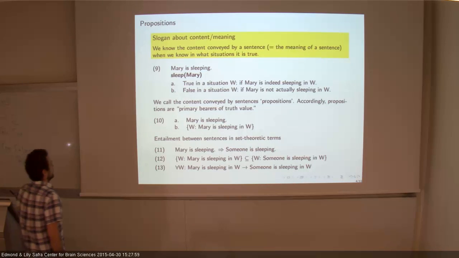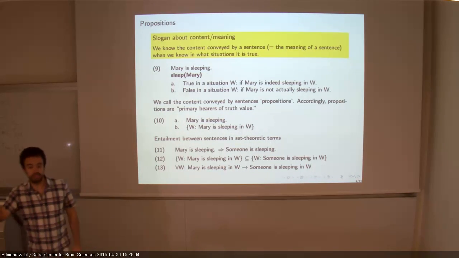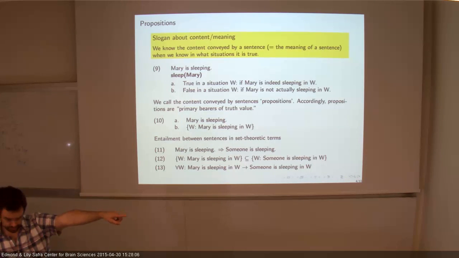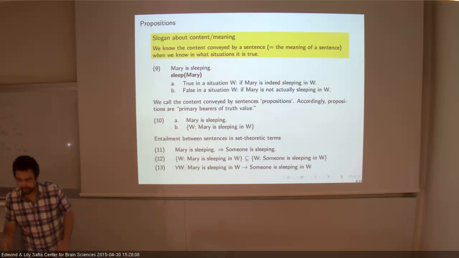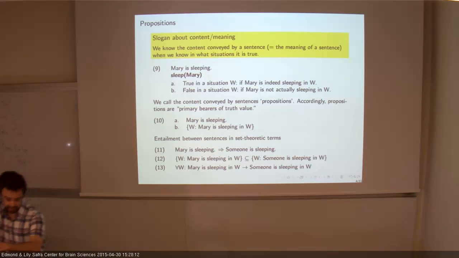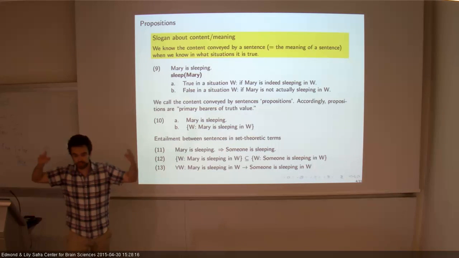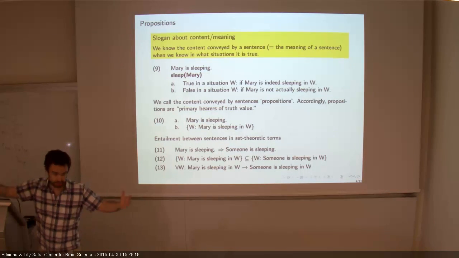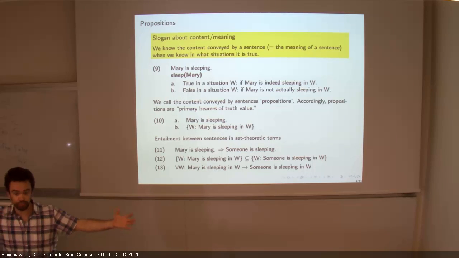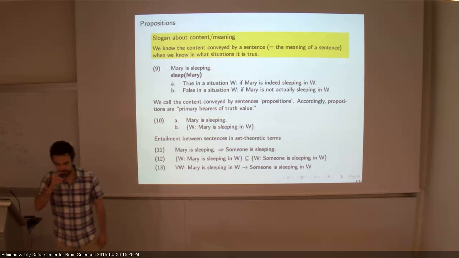But you can imagine a variety of other situations in which Mary is not sleeping in the room next door, but actually Mary is sleeping in the garden. In this case, you're going to have a different situation, and a different universe or world. It's simply going to be a bigger chunk of matter in which Mary is not in that room, but in the garden.